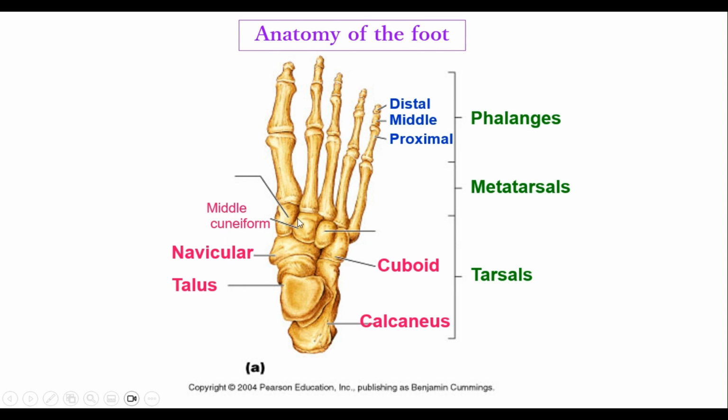This right here is the middle cuneiform, whereas this right here is the medial cuneiform. Remember, the foot in the anatomical position, this is the medial aspect toward the big toe. So that is the medial cuneiform, this is the middle cuneiform, and this is the lateral cuneiform.